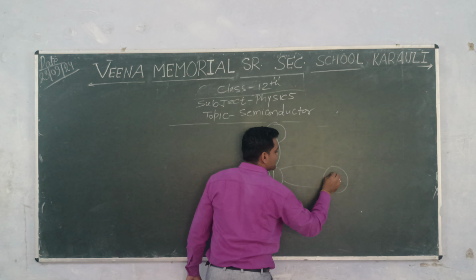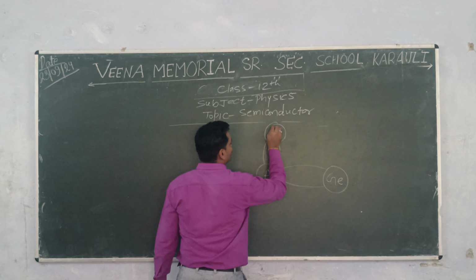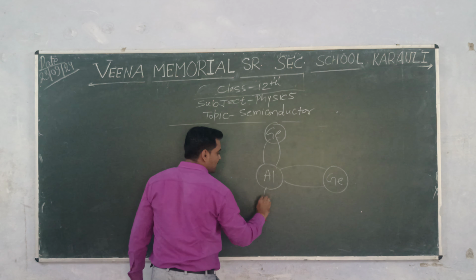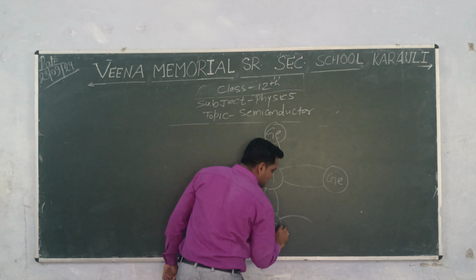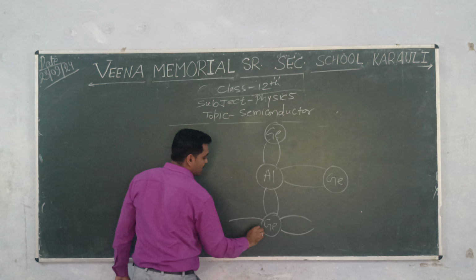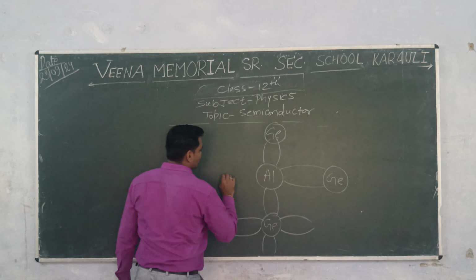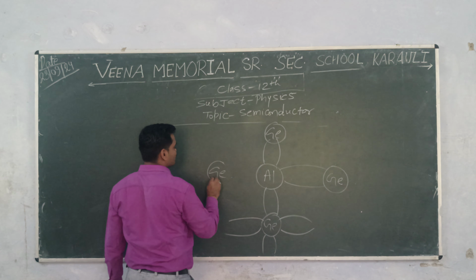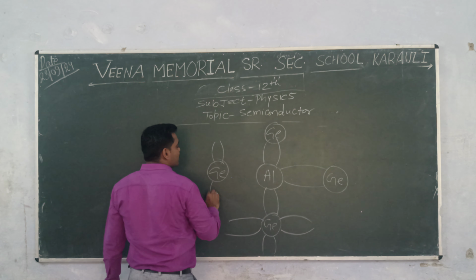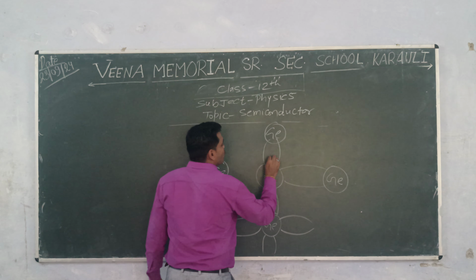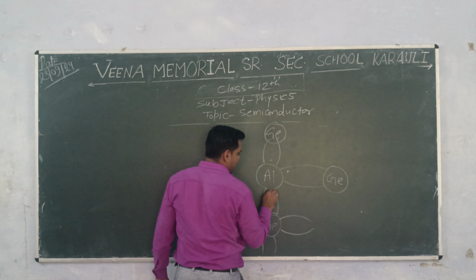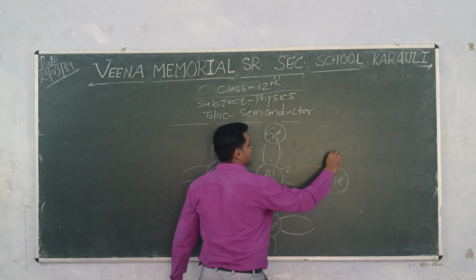As you know, germanium is tetravalent while aluminium is trivalent. So germanium has 4 electrons in its outermost shell while aluminium has 3 electrons in its outermost shell. Germanium forms covalent bonds with aluminium, just like that.